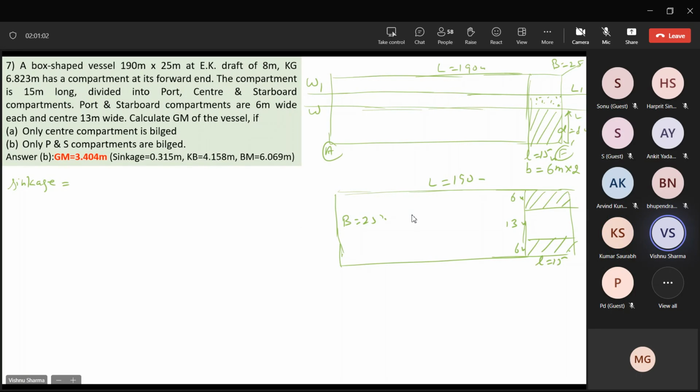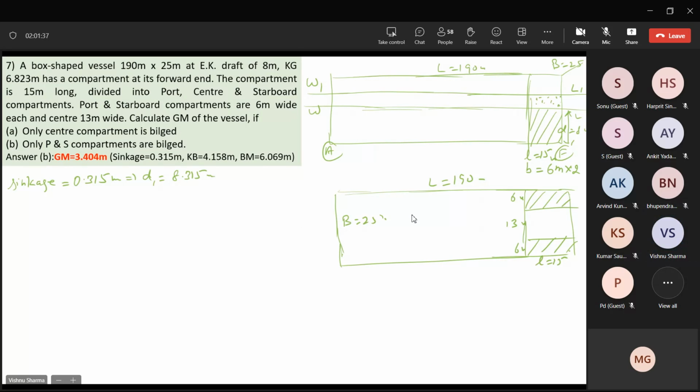Anybody in the class who is not able to get it, please don't feel hesitant, then I'll write the steps. If you're getting it, then I need not write. Answer is already there. Anybody who needs the sinkage expression to be written, or all are good? Okay, no request. That means sinkage is done. 0.315 meters. This gives you D1 of 8.315 meters.